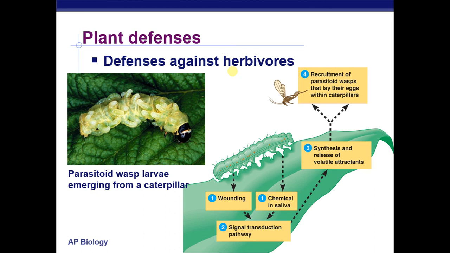So here is an example of a parasitoid wasp larvae that's emerging from a caterpillar. In this case, the plant has a symbiotic relationship with these wasp larvae that help defend against herbivores, these caterpillars.